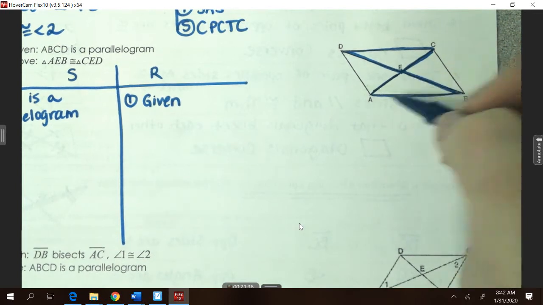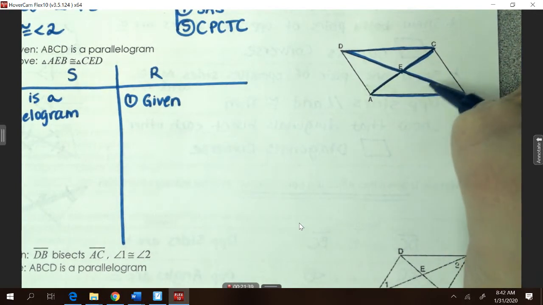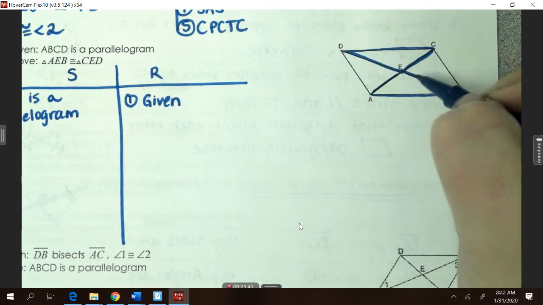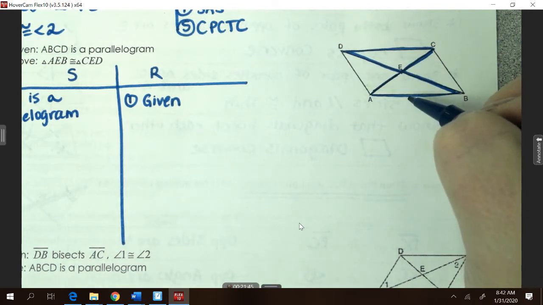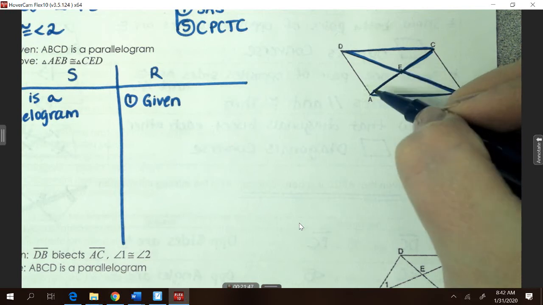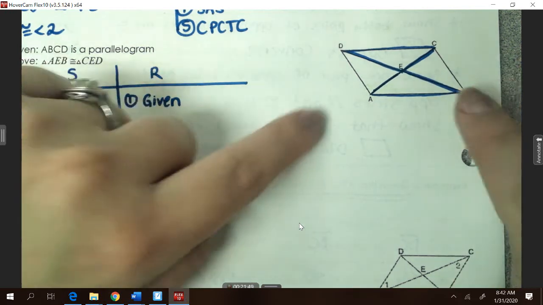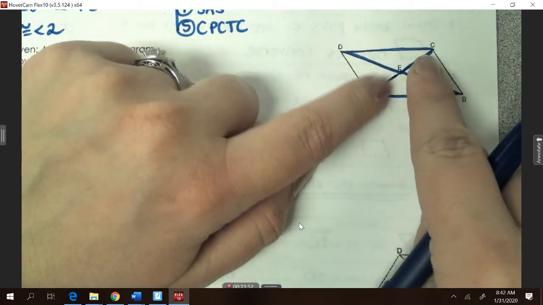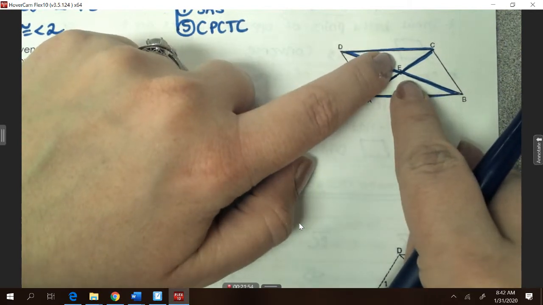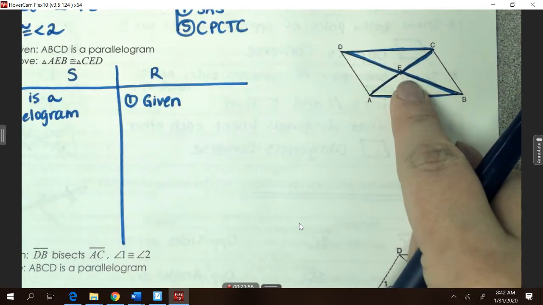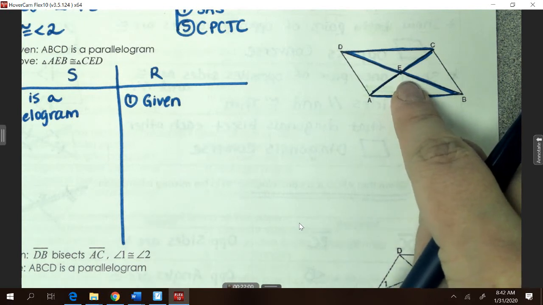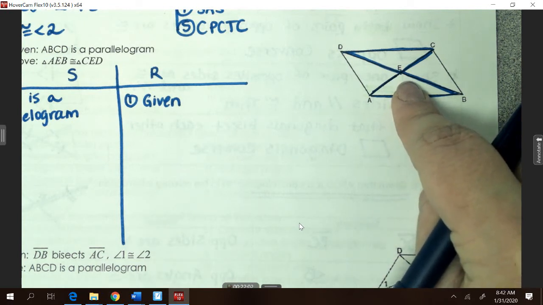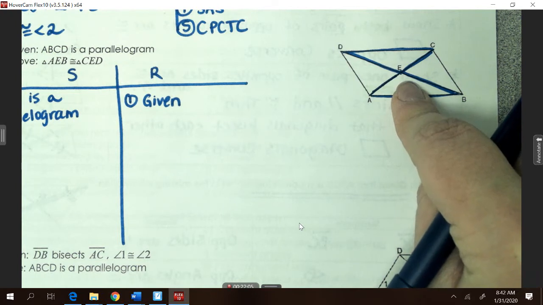So when I'm proving this, I'm thinking that we could use SSS because we could use diagonals bisect each other and we have opposite sides that are congruent. Another option would be SAS because we could use that these parts of the diagonals are the same, and we have vertical angles, right? So we have a couple different options. You could either do SSS or SAS. I'll go ahead and do SAS just since it's a good review of the vertical angles property. Okay, but you really have two options here.